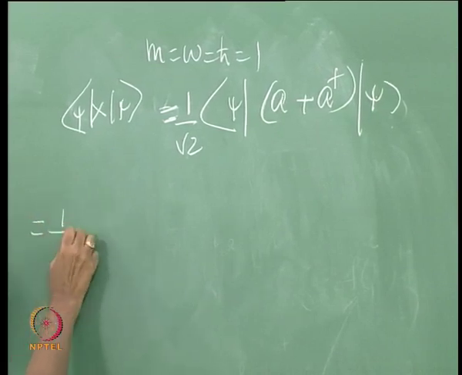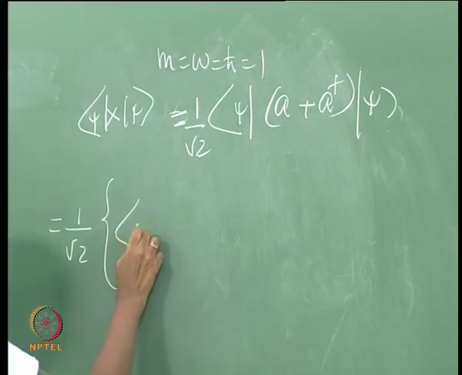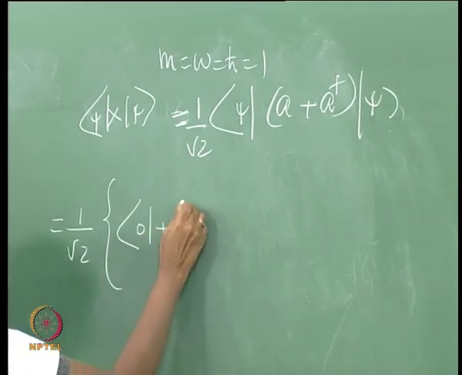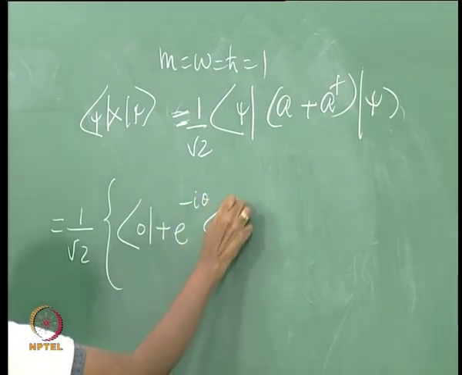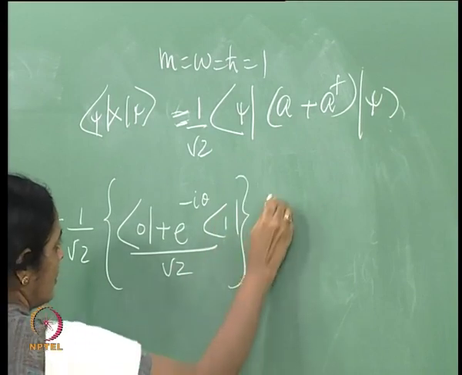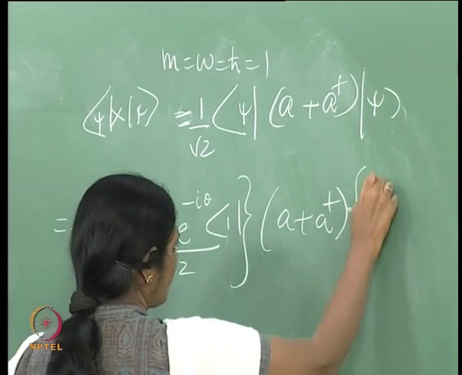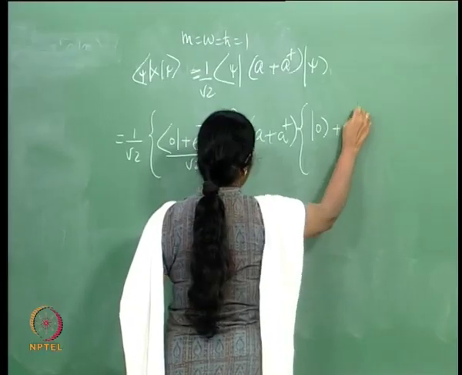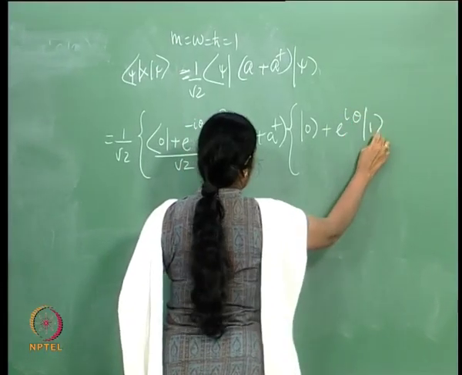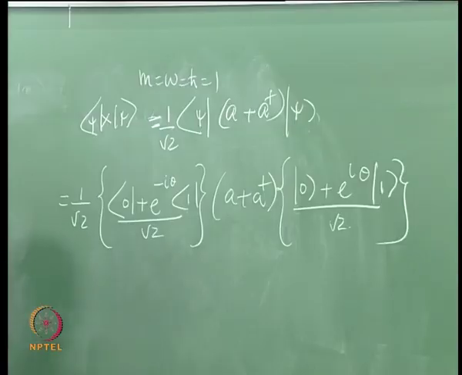But that object is the same as 1 by root 2 (bra 0 plus e to the minus i theta bra 1) by root 2 (a plus a dagger) (ket 0 plus e to the i theta ket 1) by root 2.